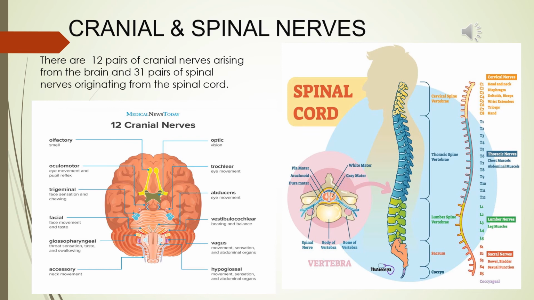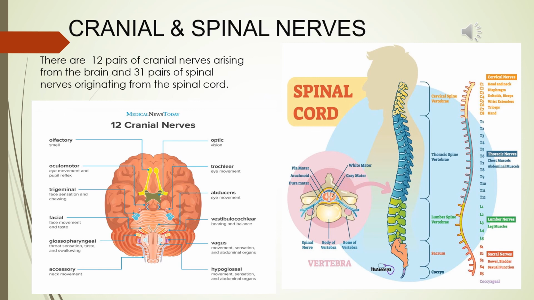Spinal cord, these are all spinal nerves. That is, from the spinal cord actually they originate. See, from C1 to C8, these are cervical nerves, that means neck portion. T stands for thoracic, that means back portion, so from T1 to T12, that is thoracic spine vertebrae.